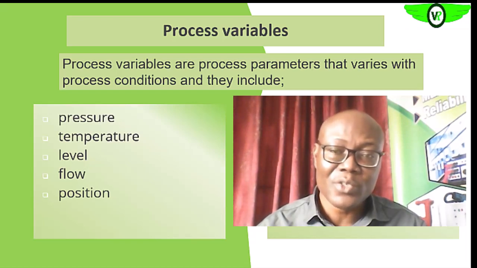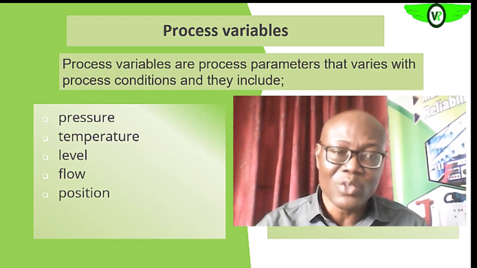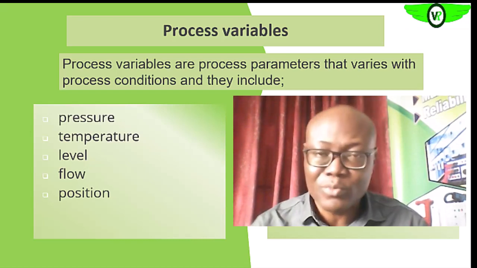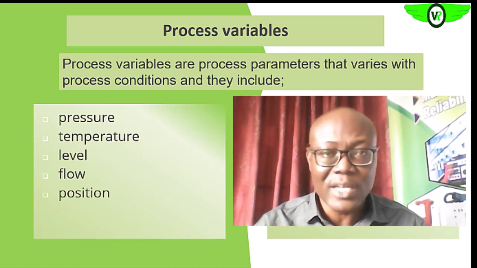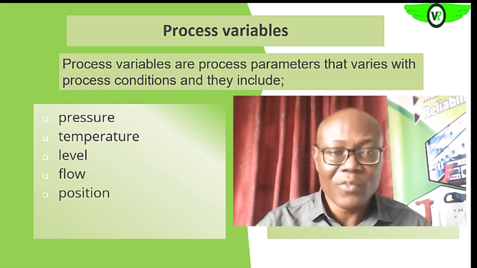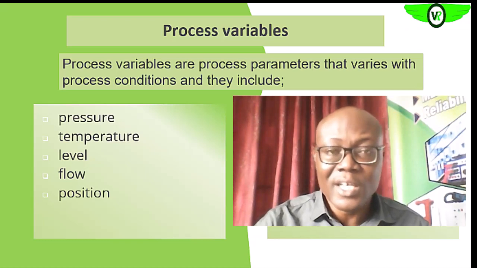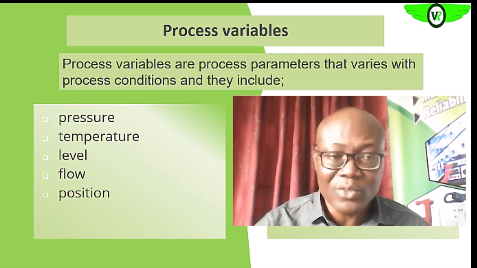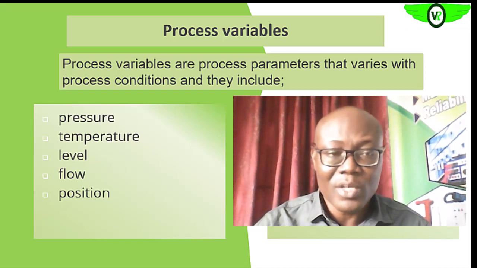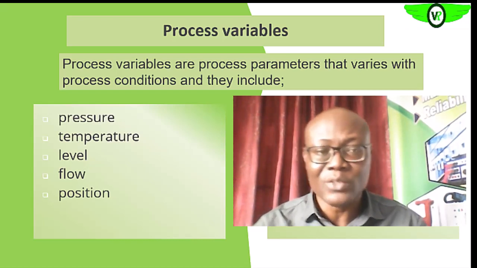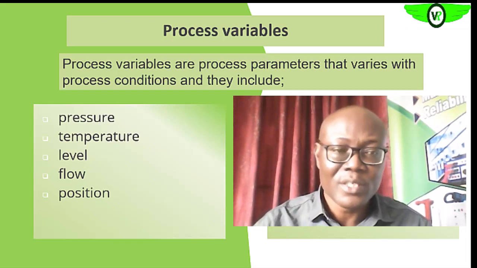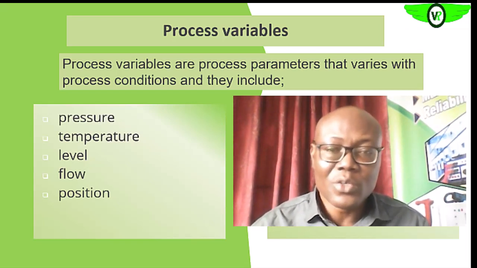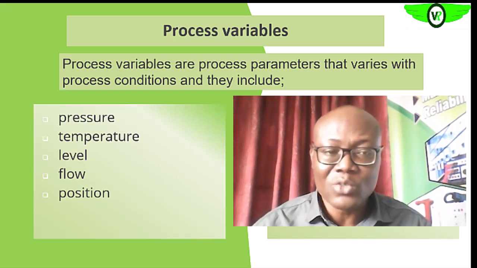But for the sake of this program, we are going to look at the most common process variables: the pressure, force per unit area; temperature, the degree of hotness or coldness; the level of fluid in a vessel; and the flow rate, volume per unit time that goes through a specific section of the process. Those are the ones we are going to be looking at in this program.